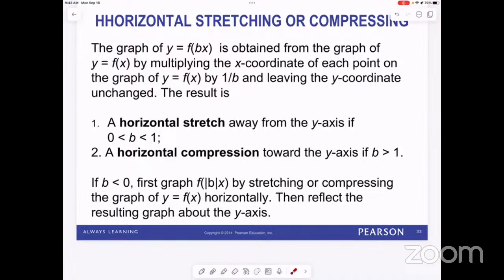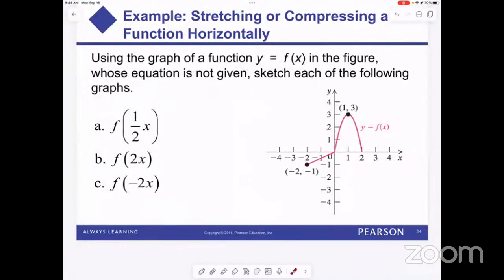Okay. So using the graph of this function, whose equation is not given, sketch the graph of the following. I'm just going to go over this a little quick. So notice for part A, we multiply the inside by a number between 0 and 1. So that should cause a horizontal stretch. B is going to cause a horizontal shrink. And then with C, notice we're multiplying the inside by a negative.